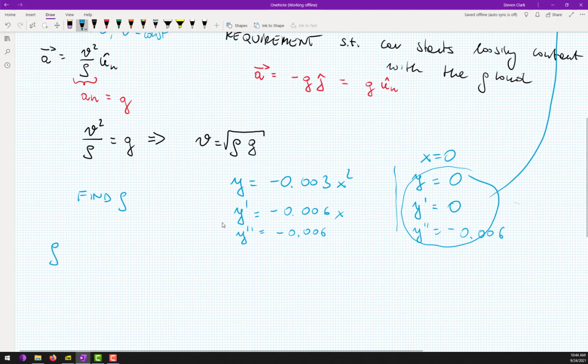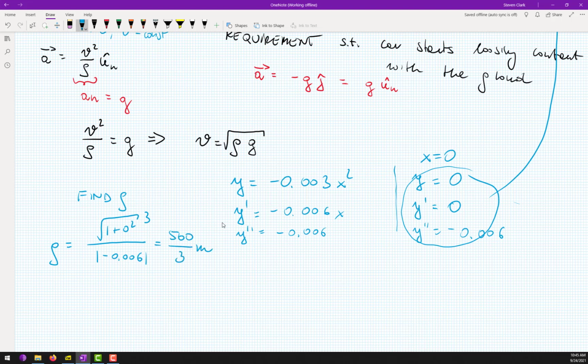Rho in this case will be 1 plus 0 squared to the power of 3/2, divided by the absolute value of minus 0.006. This is exactly 500 divided by 3 meters.